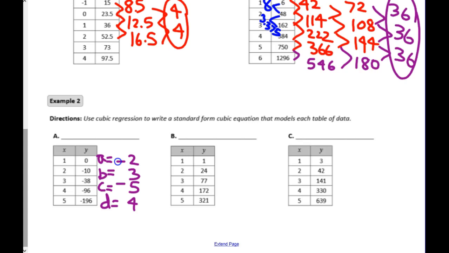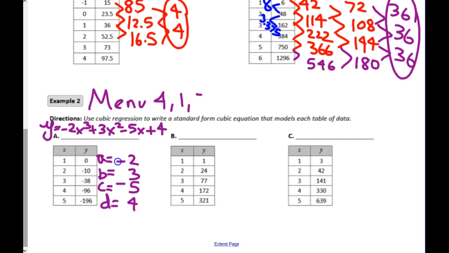So I'm going to write y equals negative 2x cubed plus 3x squared minus 5x plus 4. 4 terms. And where did I get those numbers from? Menu 417. Let's write that right here. Menu 417. Cubic.